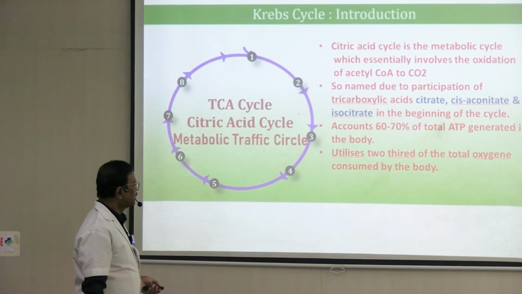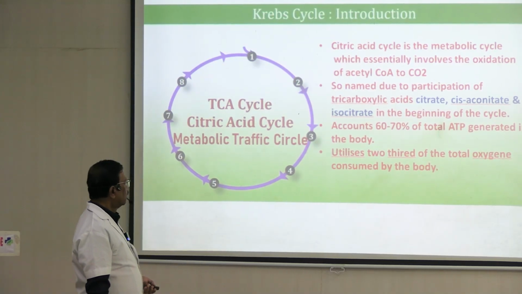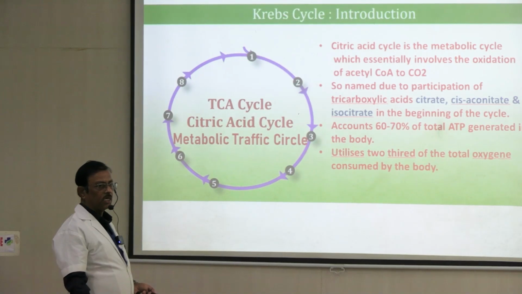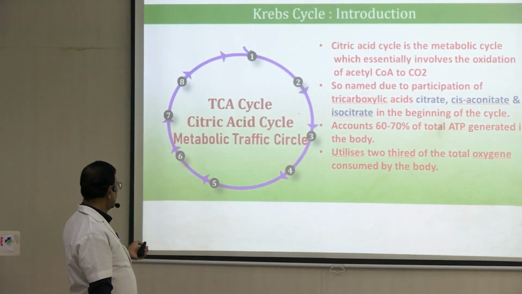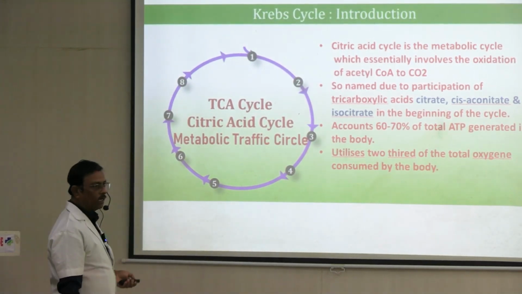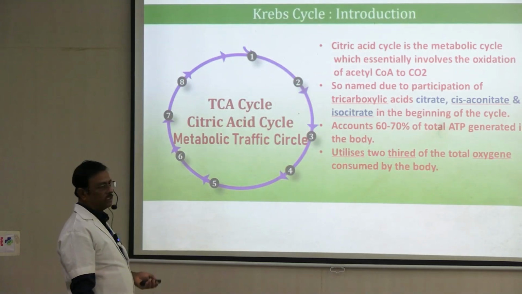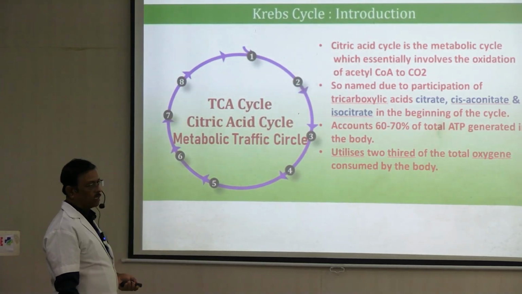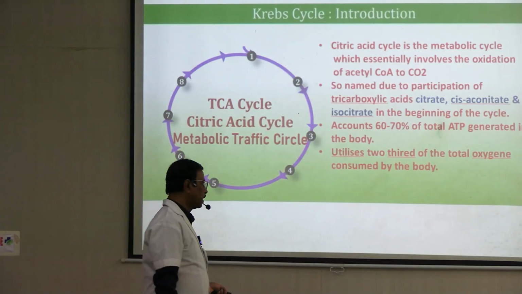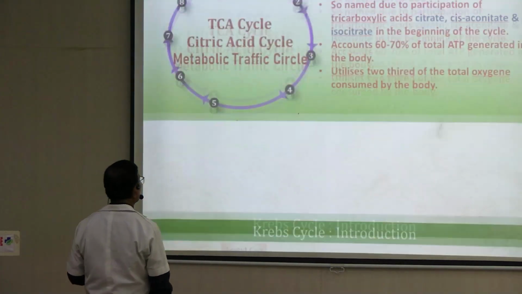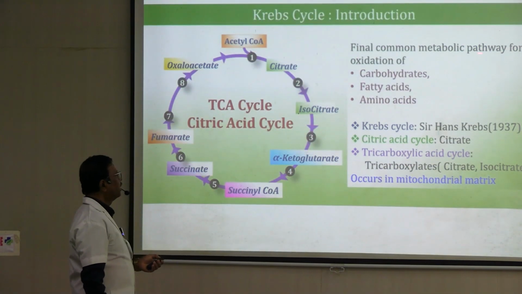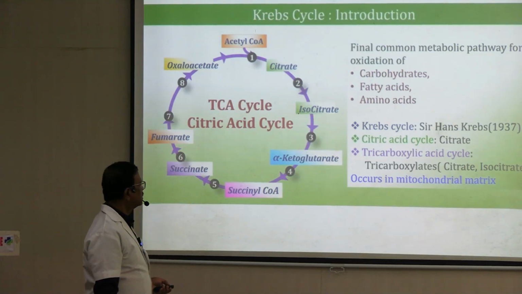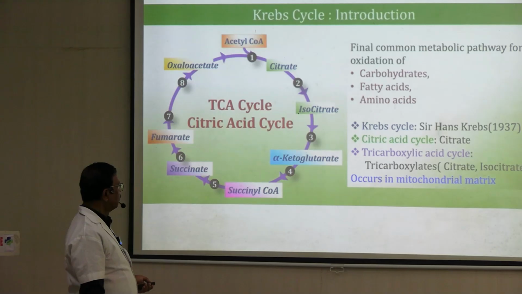This cycle utilizes about two-thirds of the total oxygen consumption in the body. This cycle is also known as the Krebs cycle or citric acid cycle because citrate is taking part, or the metabolic traffic circle. This is the final common metabolic pathway for oxidation of carbohydrates, fatty acids and amino acids.